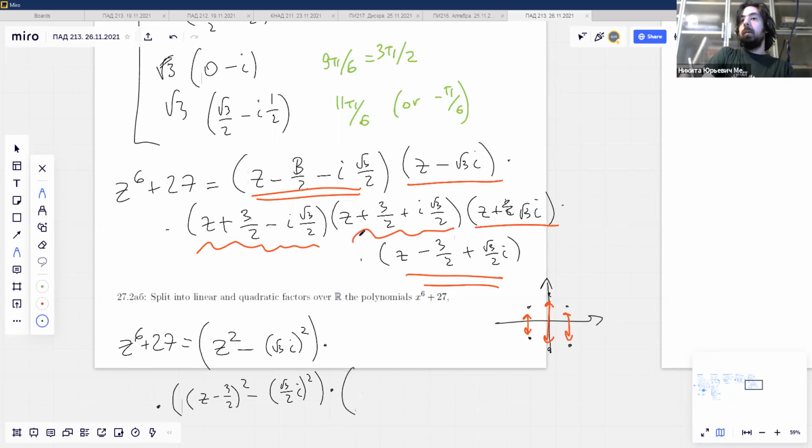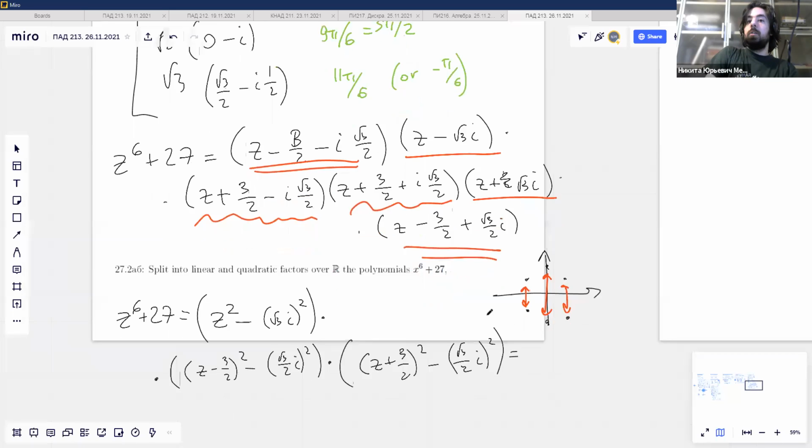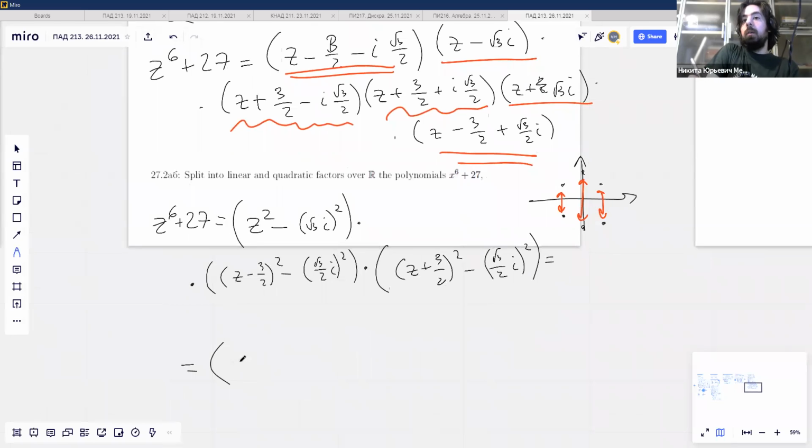Finally, for this pair, it is (z plus 3/2) squared minus the same thing. So if I simplify, here I get plus 3, okay? This squared is simply minus 3, and this minus with this minus gives me a plus. The second one gives me z squared minus 3z plus 9/4.